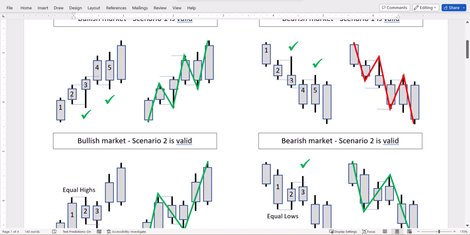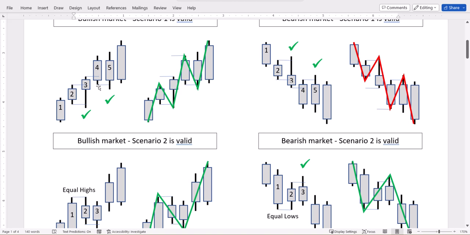So that is indeed also a valid pullback, going up to a high on 3, down to a low on 3 as well. Then you would continue up with a close of 4 above 3, and then in this case, number 5 wicks below the wick of 4.